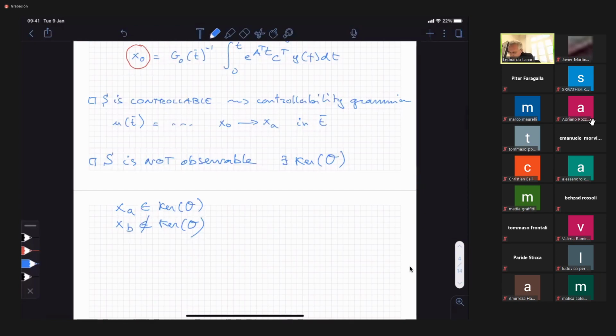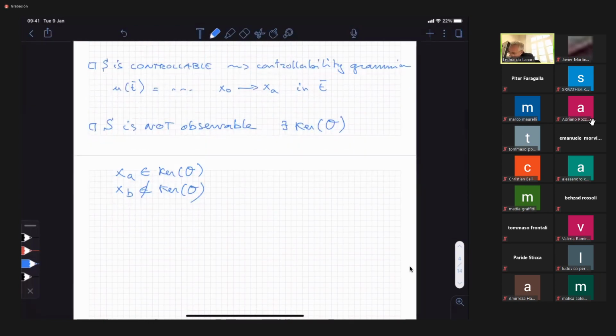So let's call YB the free evolution from the initial state XB. So we have C e to the AT XB.